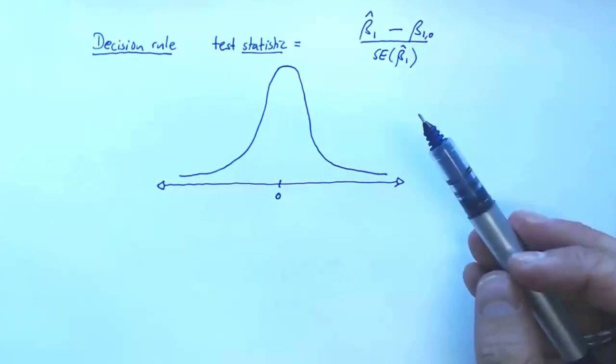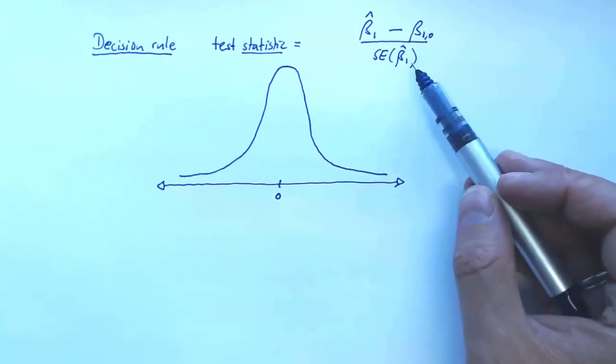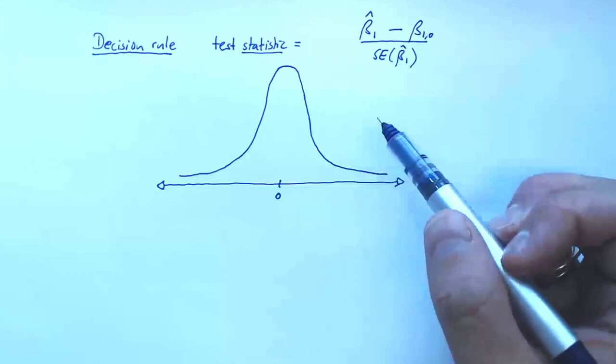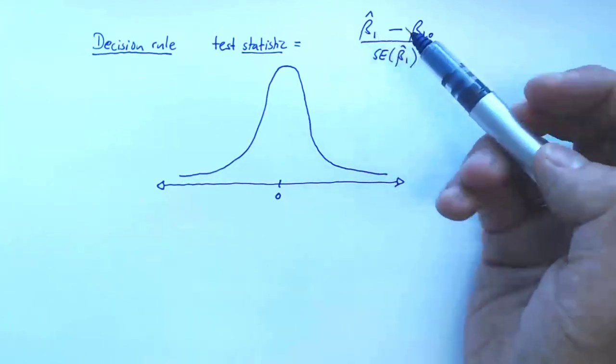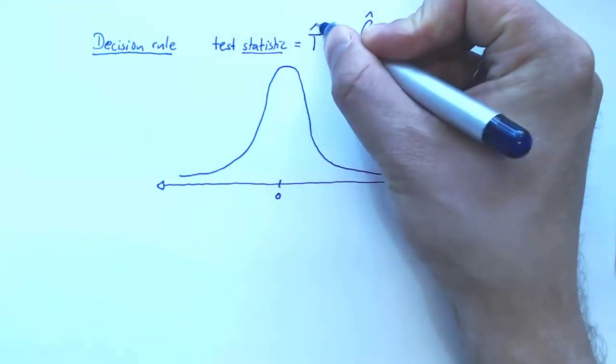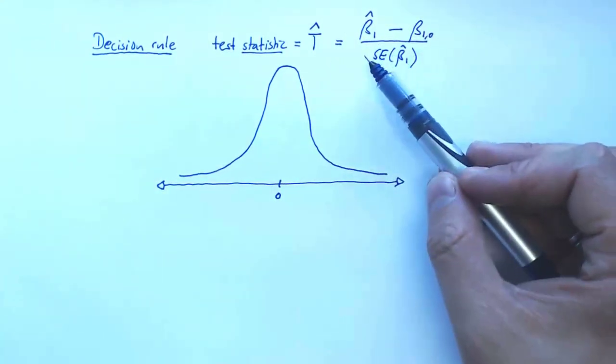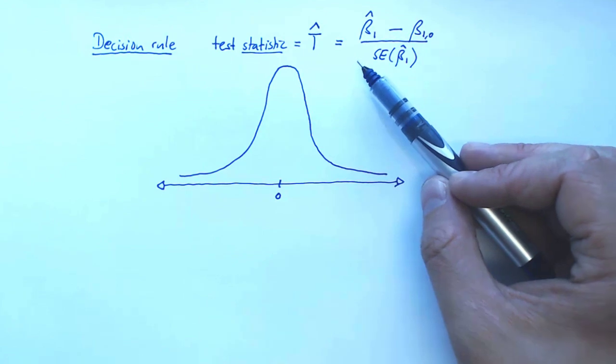Now, our decision rule will be: compute the test statistic, and it would be nice to have a symbol for it, so let's call it t hat. Compute the test statistic, and then if the test statistic is too large, reject.